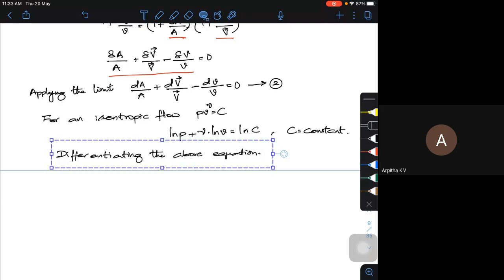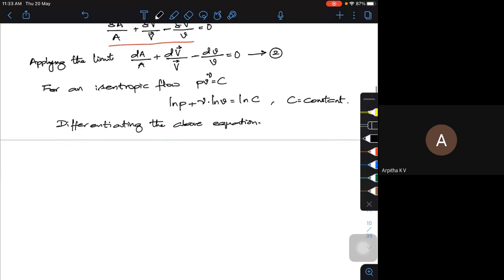Differentiating ln of p gives 1 by p into dp, that is dp by p, plus gamma into dv by v, equal to 0. On the right-hand side we have the constant, so it should be 0, because differentiation of any constant is 0.